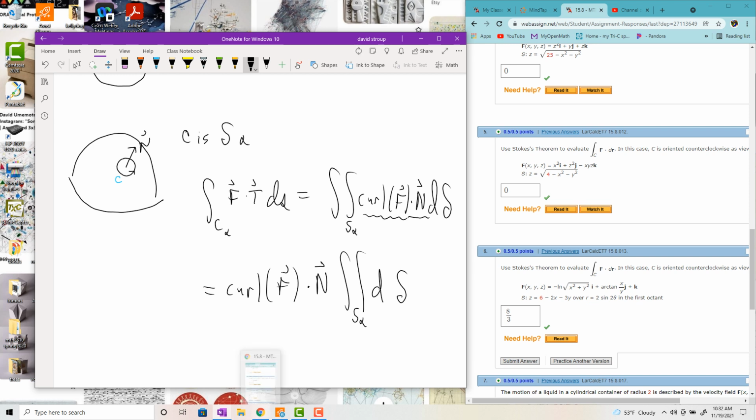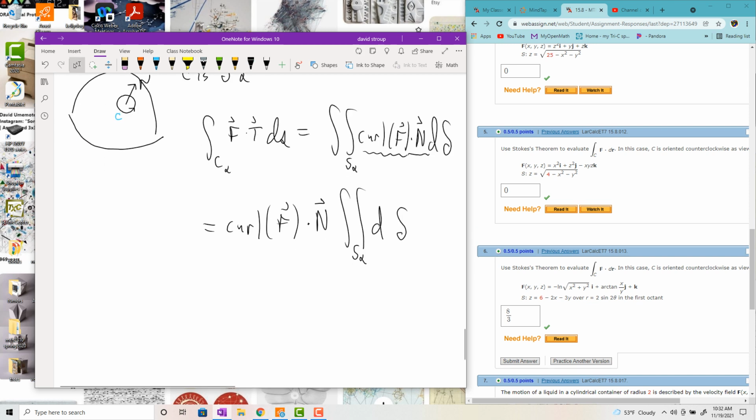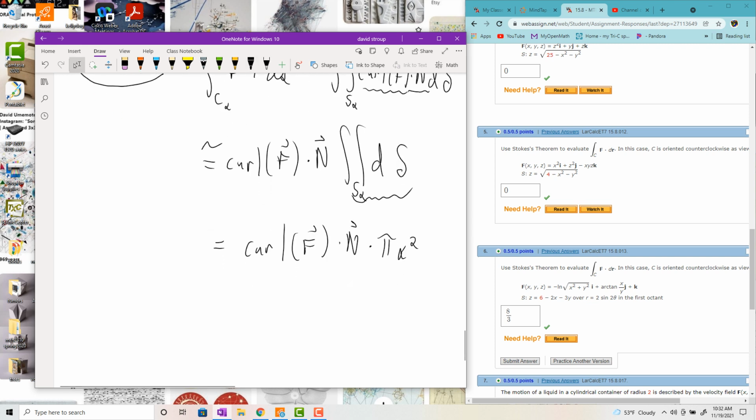Because it's a disk and small enough, we could say that this is just the area of a circle, so pi alpha squared. There should be some approximations here, so we're supposing the curl of f is constant. The curl of f dotted with n, times pi alpha squared, and then you could solve for your curl dot n.